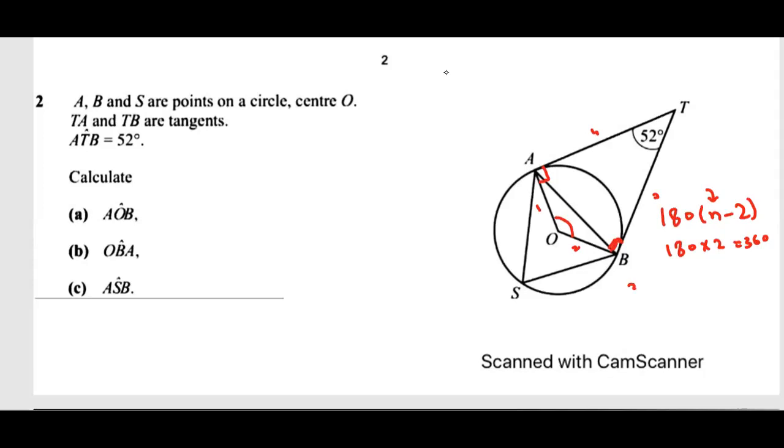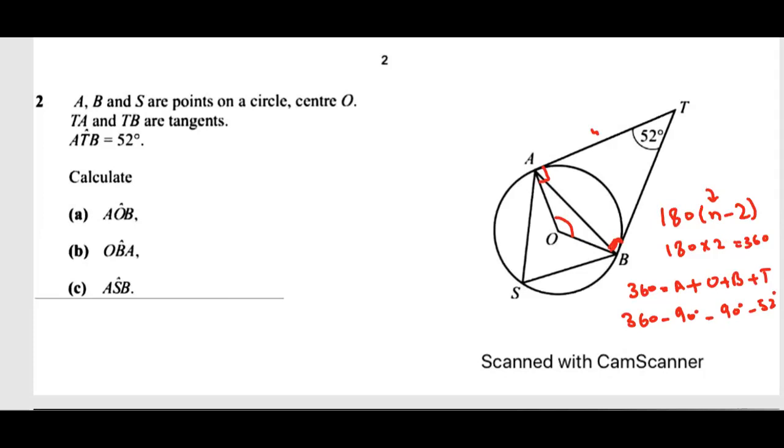And now 360 should be the sum of angles for A plus O plus B plus T. So 360 minus angle at A is 90 degrees, minus angle at B is again 90 degrees, and angle at T is 52 degrees.